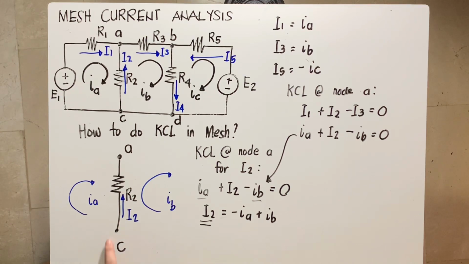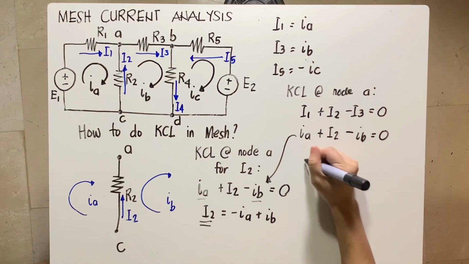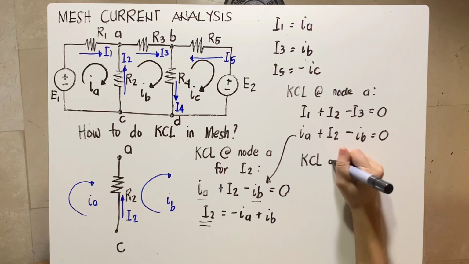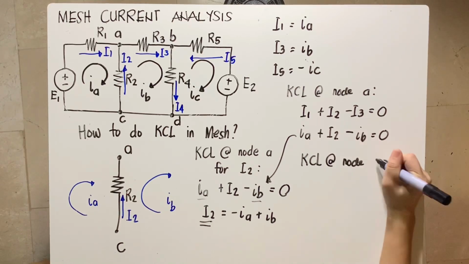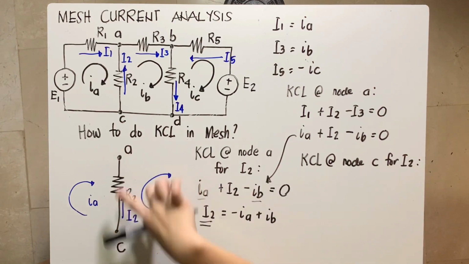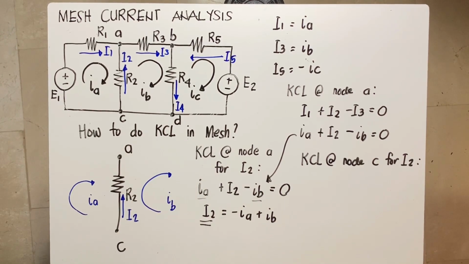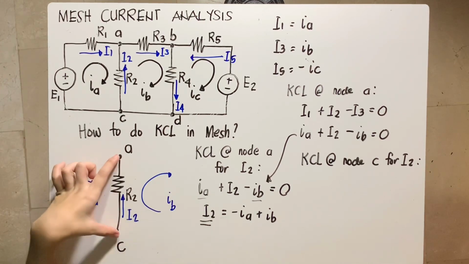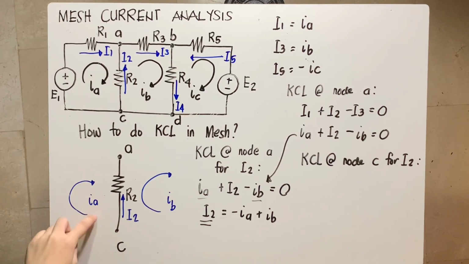Okay. Ma'am, paano pag sa C naman ako nag-KCL? So, halimbawa, I'll do KCL at node C. I'm still solving for I2. Diba? So, ito yon. Okay. So, sabi ko nga kanina, if your branch is vertical, yung mesh current sa left, sa taas papasok, sa baba yung lalabas.